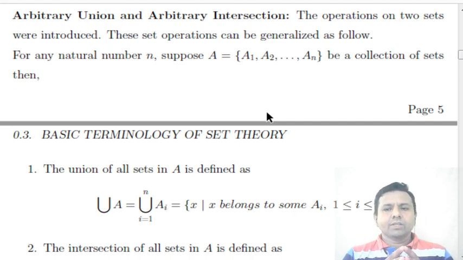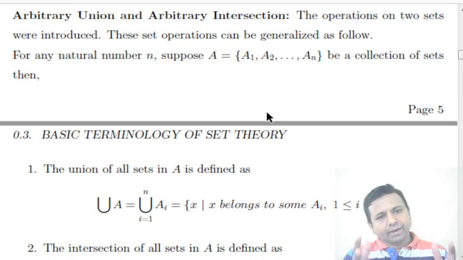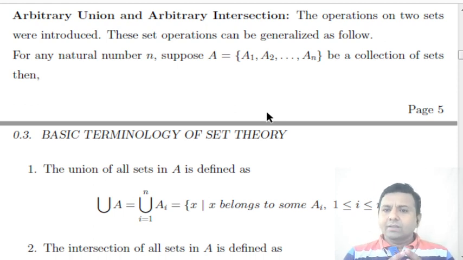The operations on two sets were introduced. These operations can be generalized as follows. Because now we have studied, for given sets A and B, what is A union B and what is A intersection B. But suppose now we are given A1, A2, A3 and so on, so many sets, then what is the procedure to find the union and intersection? Let's start.